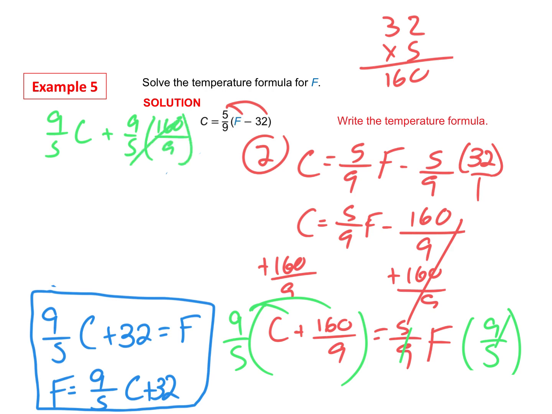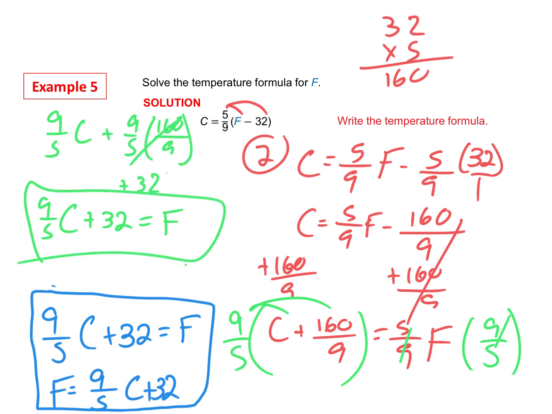This is going to simplify to positive 32. So I'm going to write 9 over 5 C plus 32 is equal to F. Now, if you notice, that is the same thing we had from the first one. So the order doesn't matter. We're still going to get the same thing at the end.